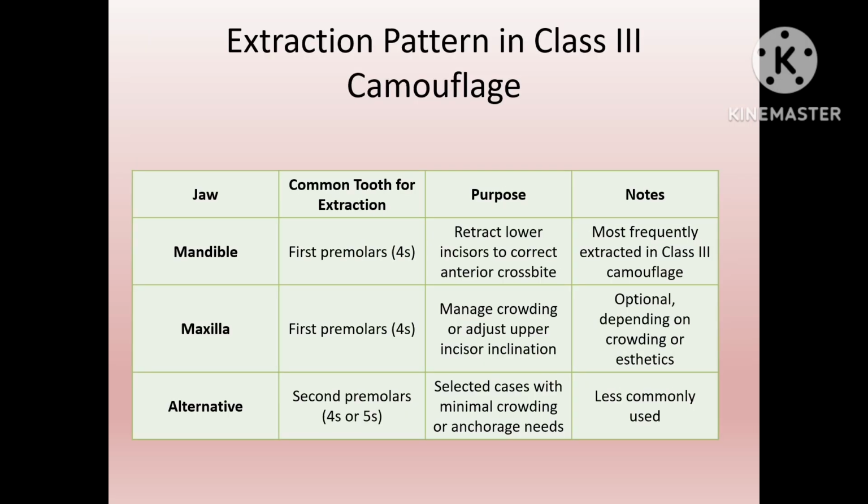The lower first premolars are most commonly removed to create space for lower incisor retraction and correction of anterior crossbite. In some cases, upper first molars may also be extracted to adjust upper incisor inclination or manage crowding. Occasionally, second premolars are removed for minor adjustment or specific anchorage needs.